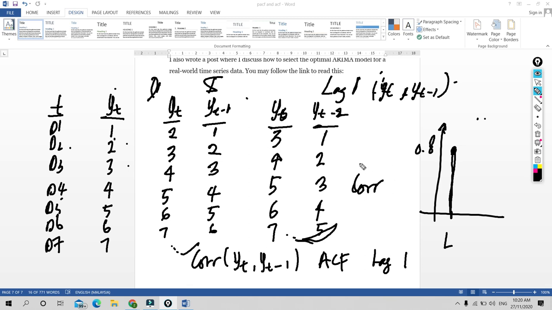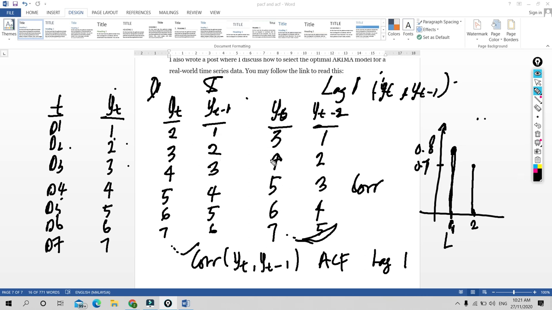If you have more, it means YT and YT minus 3 and so on and so forth, until we run out of data. If we compare YT with YT minus 3, we are comparing much further back. It means we compare 4 with 1, then 5 with 2, then 6 with 3, then 7 with 4.